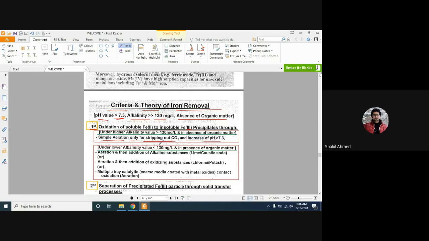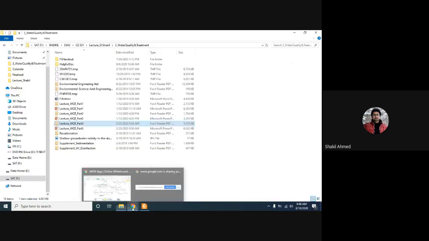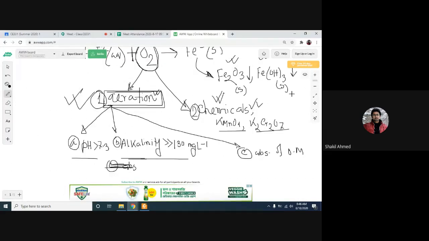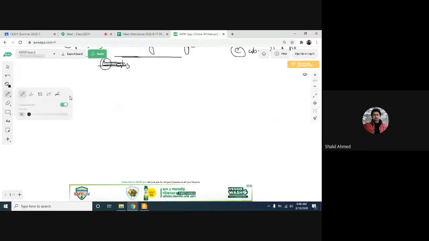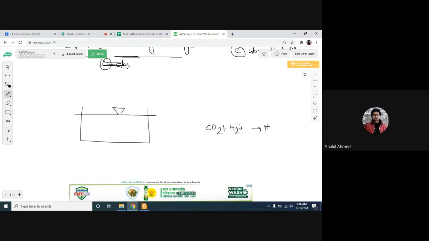If you strip out carbon dioxide from water, by the way, carbon dioxide plus water gives H2CO3, right? That means if you add carbon dioxide, there will be acid, so pH will decrease.